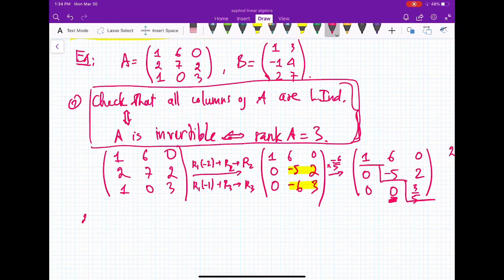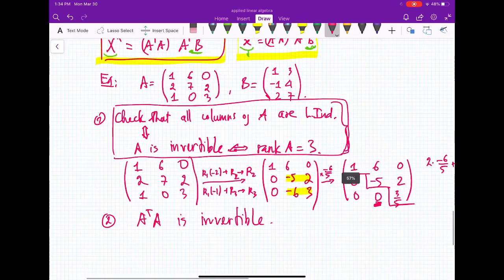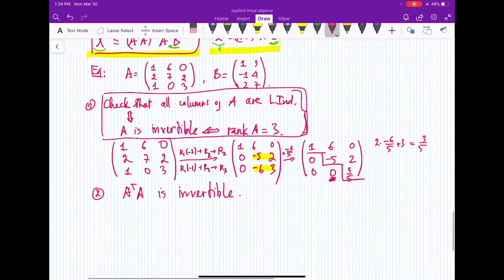Now we know that A^T A is invertible, so we can solve this problem. I have to find A^T. Let's find A^T. A^T is what?